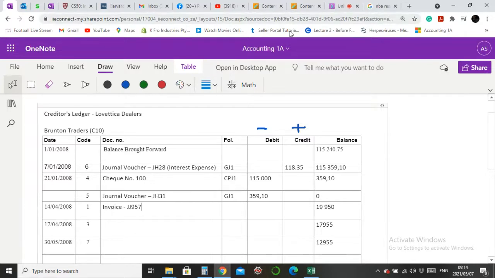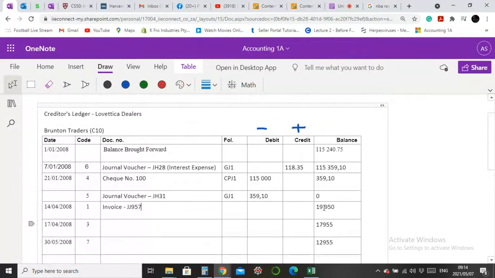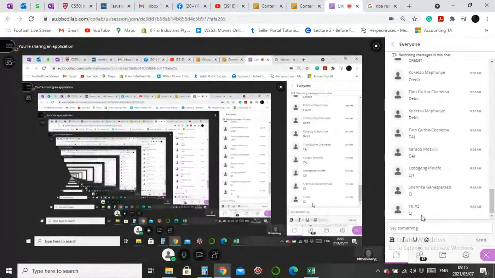Okay. And since we are buying on credit, which journal is affected here? What are we going to write in the folio? Somebody tell me in the chat. We're buying on credit. What are we going to put in the folio? Okay, 2 comments.